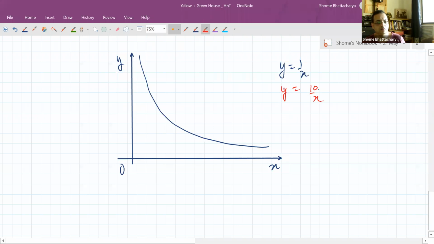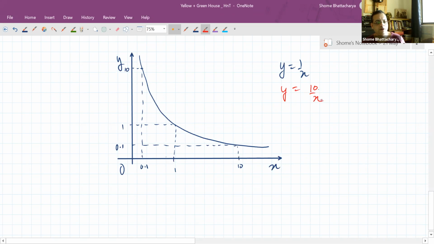Okay. Yes, but sir, if you compare, for example, at the value 1, this graph had a value of 1, y equal to 1 by x. At the value 10, for example, it had a value of 0.1. And at a value like 0.1, it had a value of 10. Now this second one, 10 by x, how this one varies? It varies in a similar manner, but the values are different.